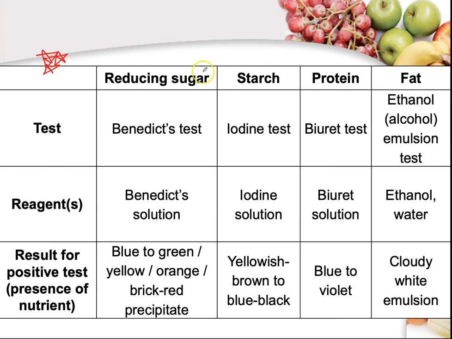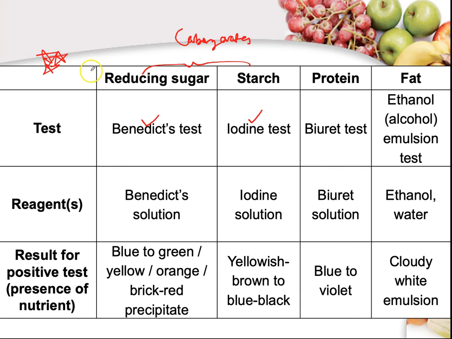Now, we have actually seen 4 different tests that allow us to test for the 3 different types of nutrients that we've had. One is your reducing sugar test where we use the Benedict solution. One is to test for starch, which is to use iodine. Now, reducing sugar and starch are all under carbohydrates.